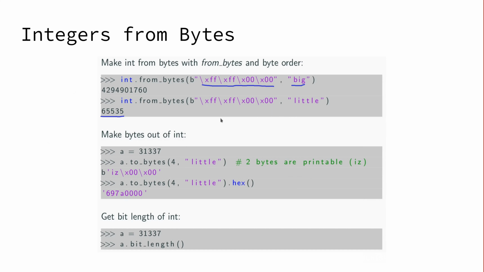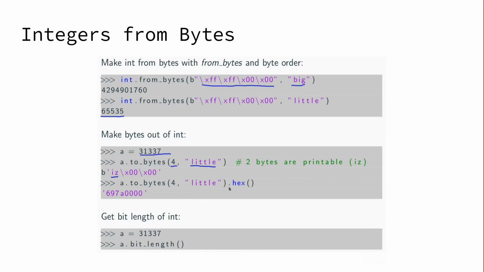I can also, the other way around, turn an integer into bytes by using the to_bytes function on the integer. There I specify how long the byte string should be, and again I tell it the endianness, for example little endian here. I get a byte string back. Now the first 2 bytes, when I interpret this number as bytes, are actually ASCII printable, so it shows them as IZ.